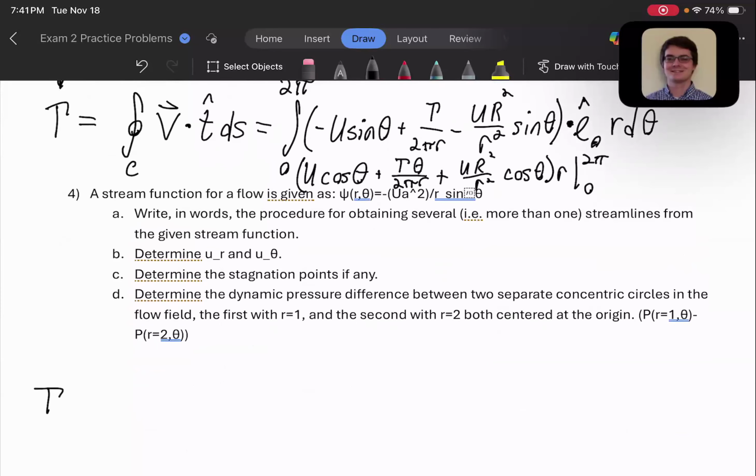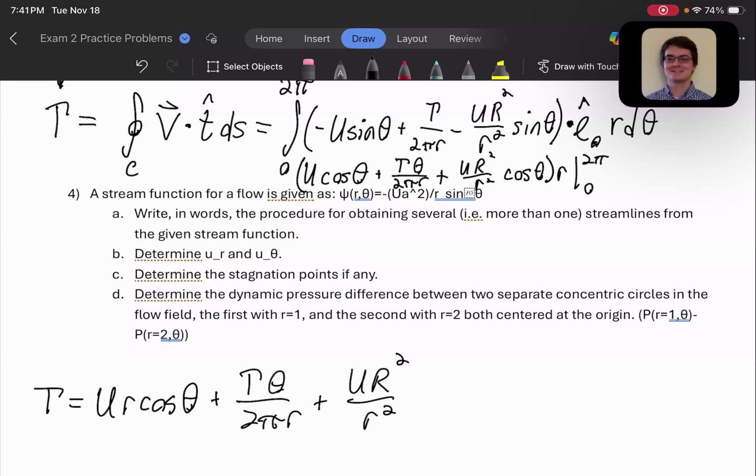So we're going to end up with the total circulation equals, I think this is just going to shake out to equal the circulation. Gamma theta over 2 pi r plus u r squared over r squared cosine theta.